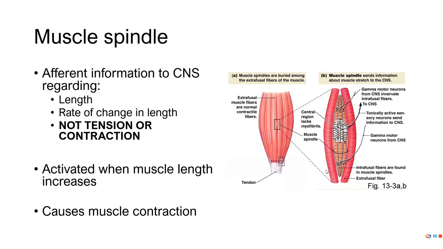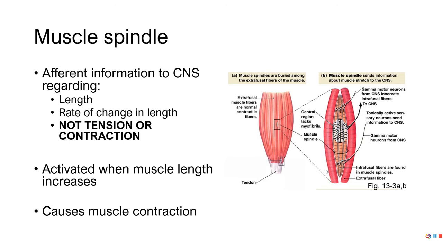The last thing I want to talk about are muscle spindles and Golgi tendon organs. And we'll get into this more in the second unit, but I want to remind you about muscle spindles because we talked about it in PE 220. Muscle spindles are a type of mechanoreceptor that are deep inside of a muscle, and all they do is they monitor the length or how fast the length is changing in a muscle.